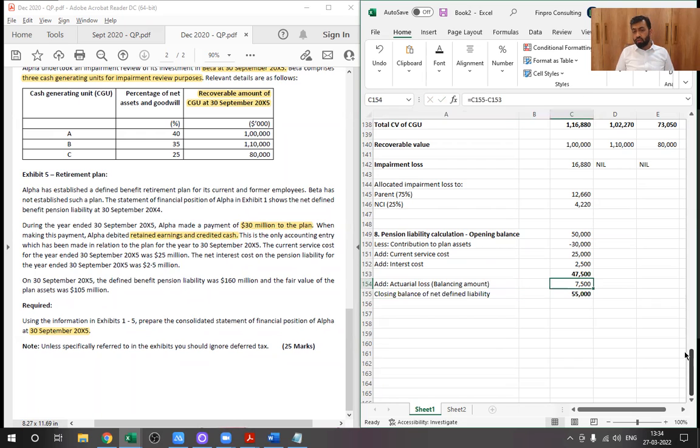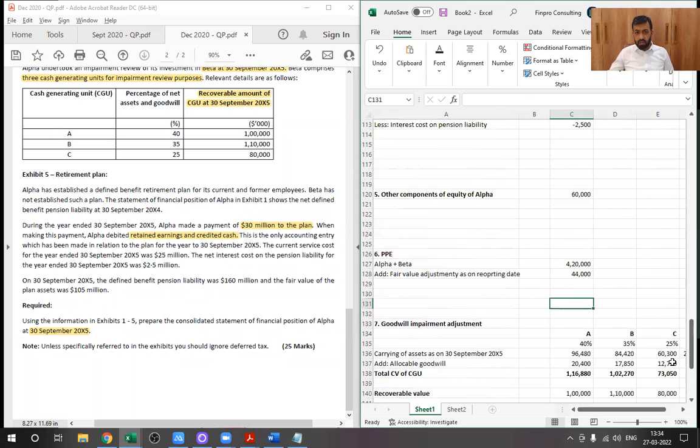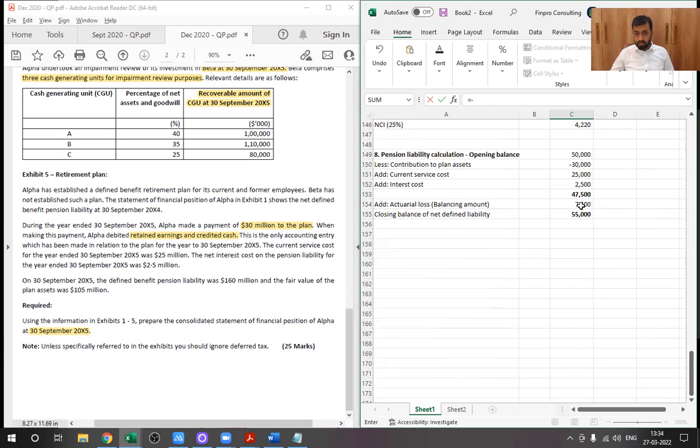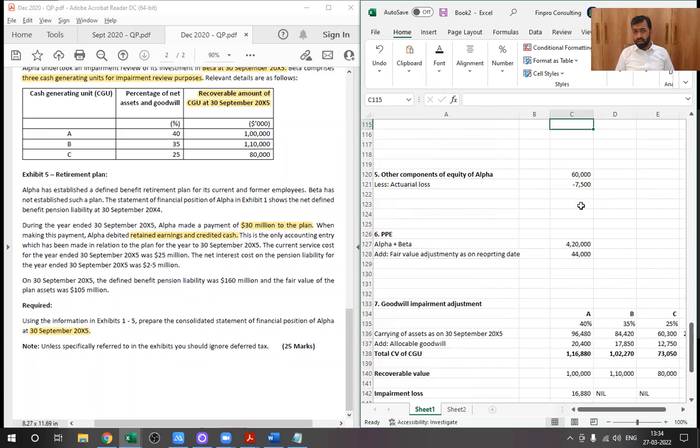This is where we should account for the second effect of this: other components of equity, less actual loss, minus 7,500 here. Correct? This is an actual loss.